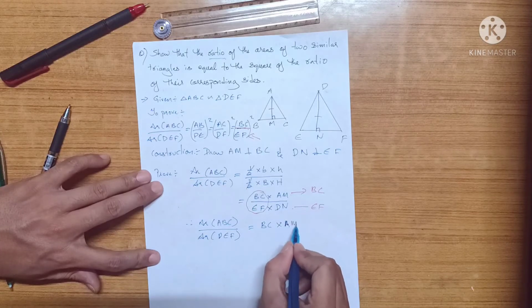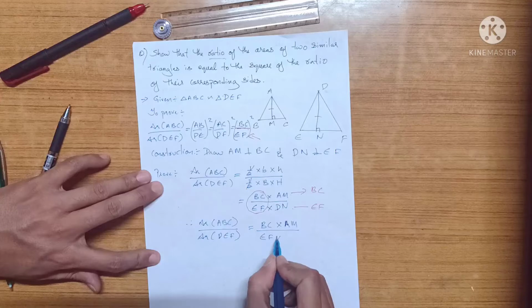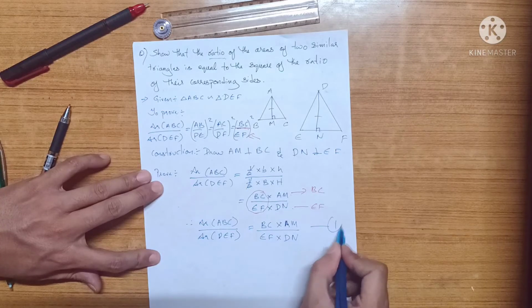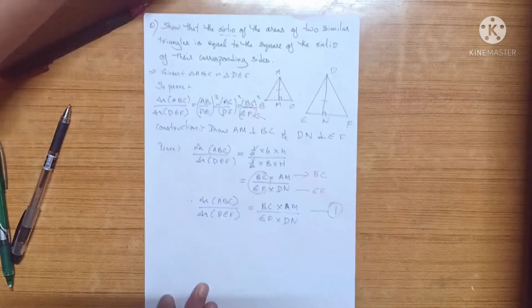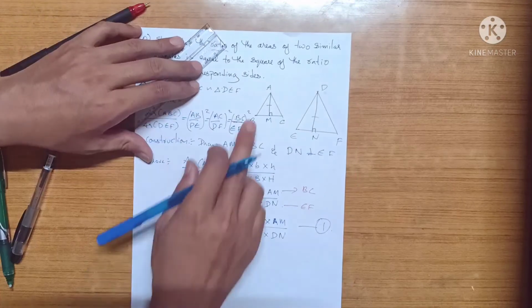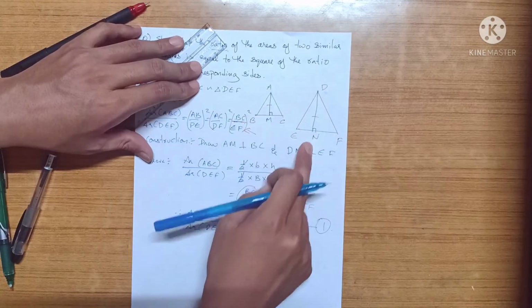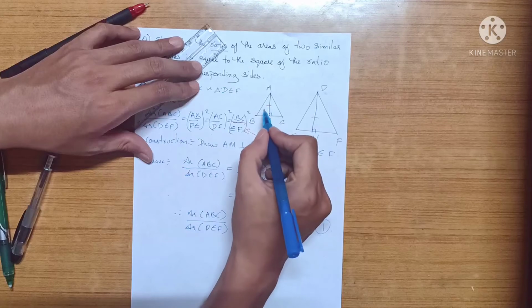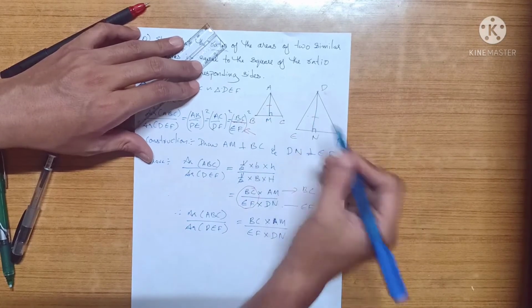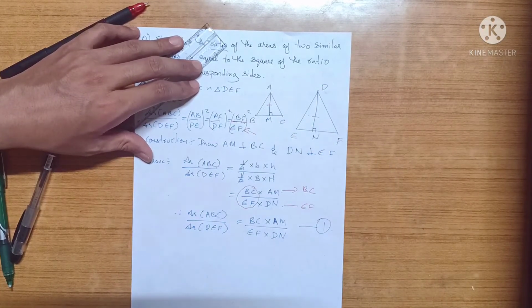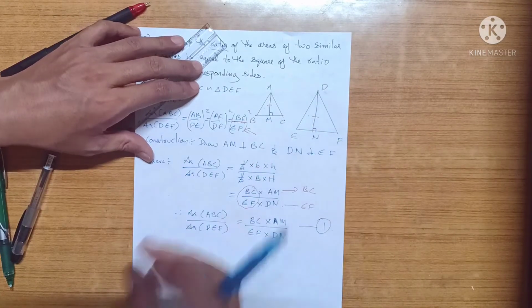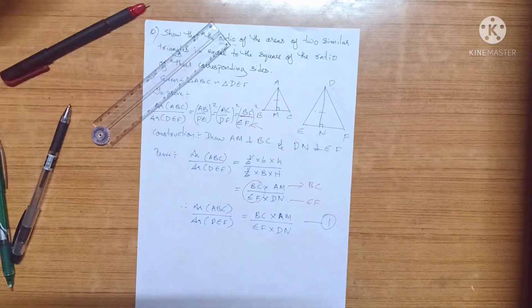Now after keeping this on the side, AM by EF equal to DN is equation number 1. We'll just keep this on the side. Now the triangles that include AM and DN are either triangle ABM and DEN, or triangle AMC and DNC. I'll take any one of them. It doesn't matter which one you take.